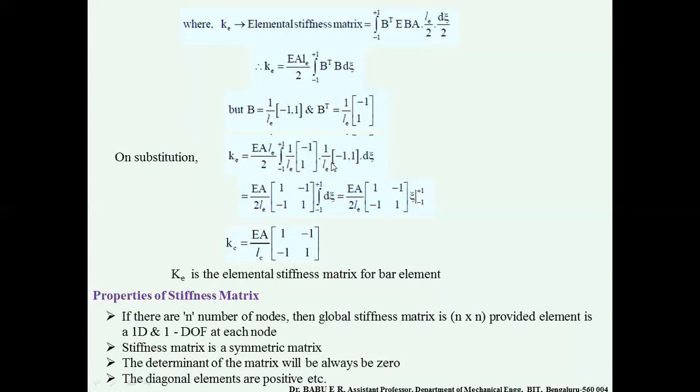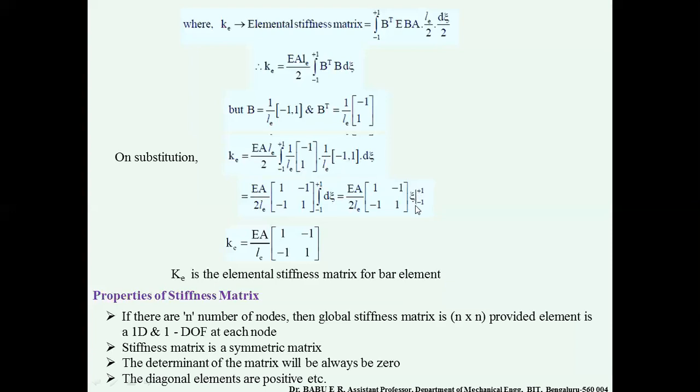You multiply these two matrices: minus 1 into minus 1 becomes plus 1, minus 1 into 1 becomes minus 1, 1 into minus 1 is minus 1, 1 into 1 is plus 1. The integral of the remaining term is d zeta from minus 1 to plus 1. Now you integrate this d zeta. When you integrate d zeta it becomes zeta from minus 1 to plus 1.